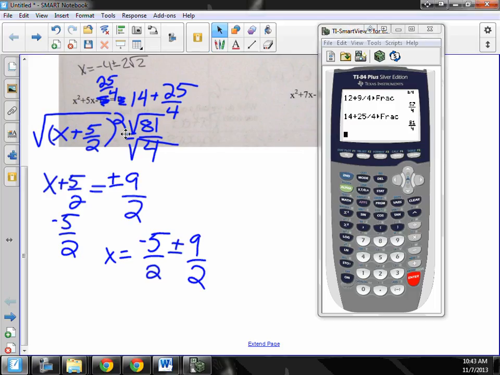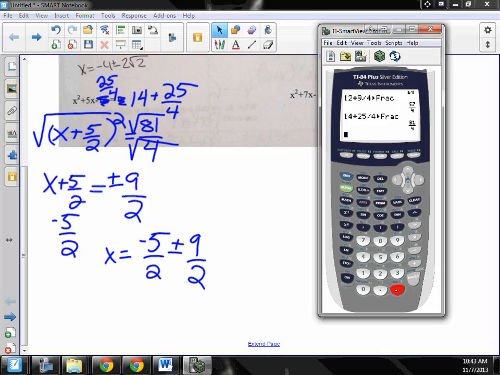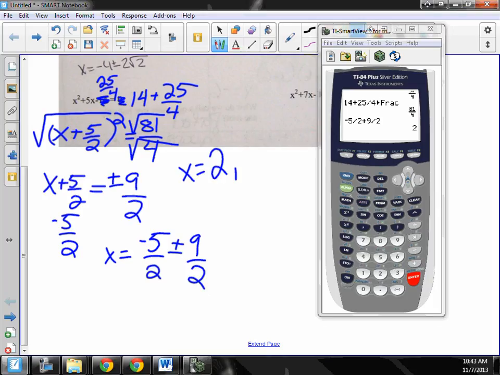Well, these are going to simplify. So negative 5 over 2 plus 9 over 2 is 2. So my first answer is x equals 2. How do I calculate the second one?